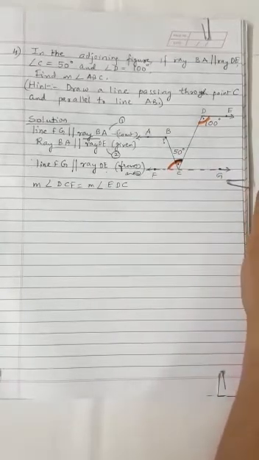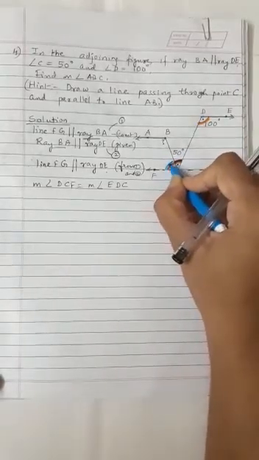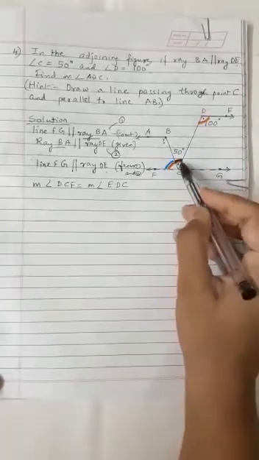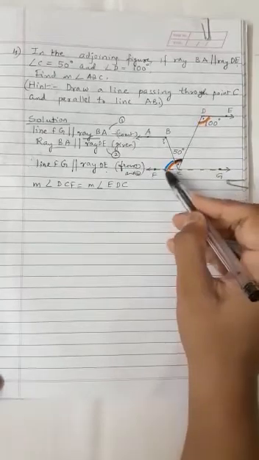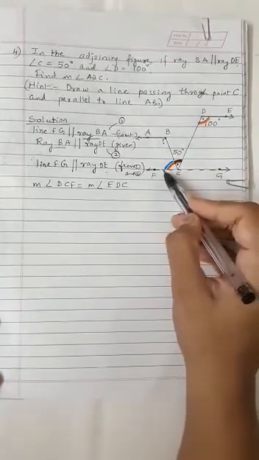This angle EDC is marked in orange, and this angle DCF is also marked in orange. Is it clear? But if you see carefully, your DCF is made up of two parts, this black part and this blue part.